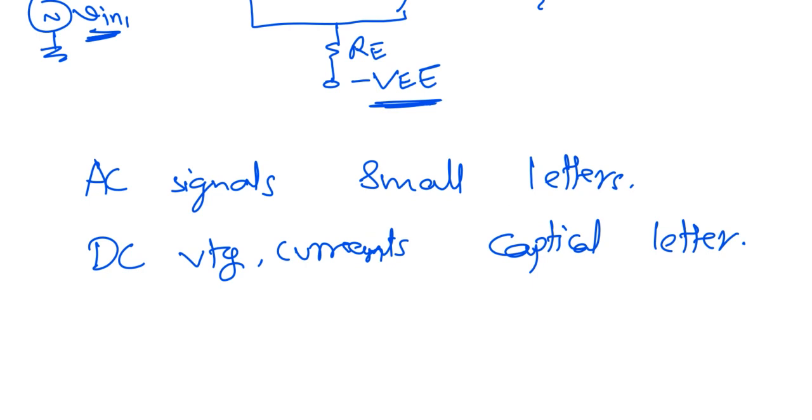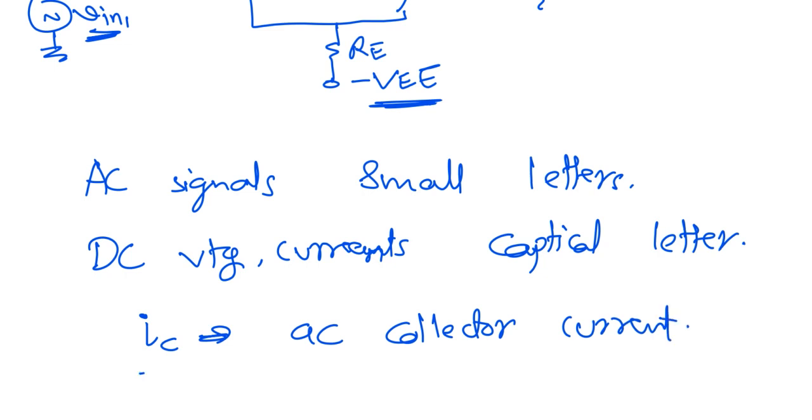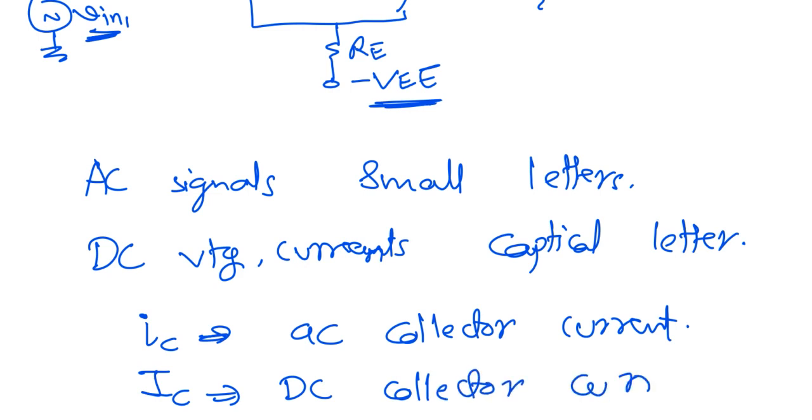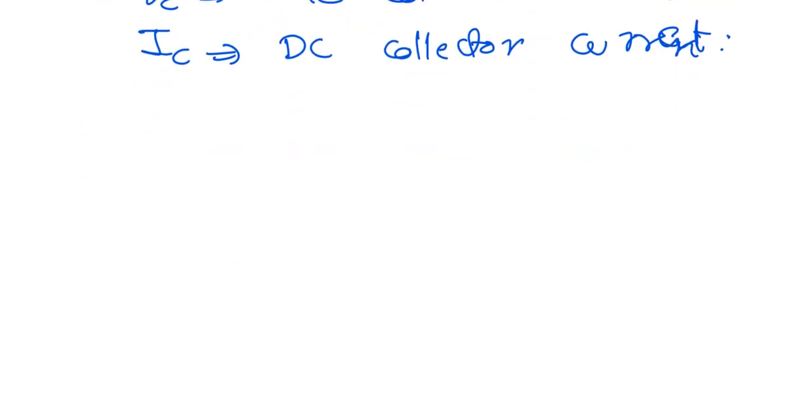Suppose I show small ic, it is nothing but AC collector current, and if I show capital IC, that is nothing but DC collector current. I hope you know the difference between AC and DC, direct and alternating.